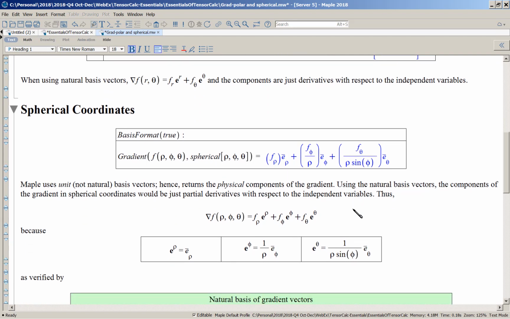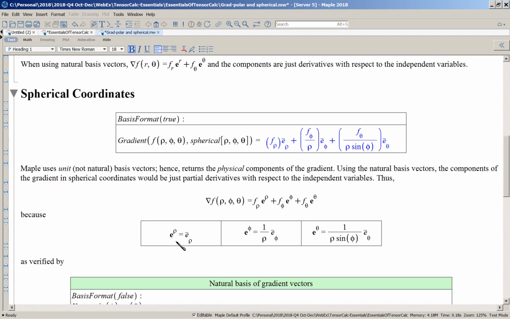If we use natural basis vectors, you would have derivative, derivative, derivative. The scale factors would be subsumed into the basis vector, which would then not be unit vectors. And what you would have is the natural basis vector orthogonal to the rho surface is the same as this unit vector here that Maple uses.